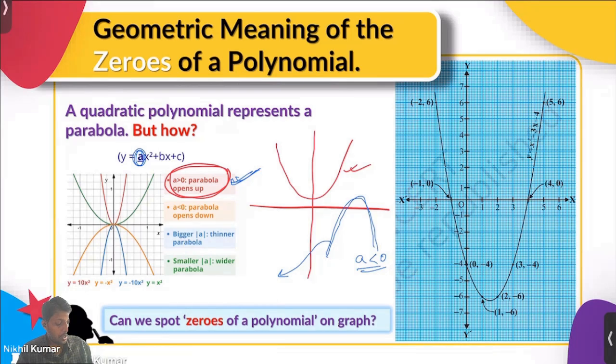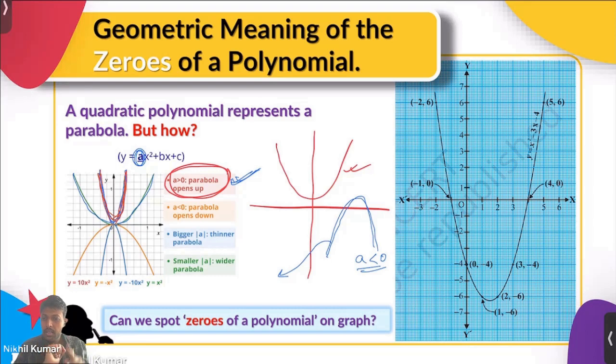If we have a wider parabola, let's say opening up but wider, that means the coefficient is smaller. If we have a narrower parabola like the red one here, okay, let me use red color, if we have a narrower parabola like this one, that means the coefficient of x square is bigger.